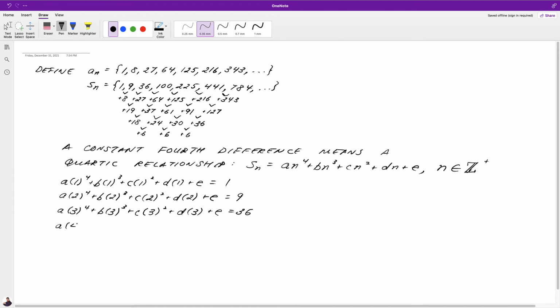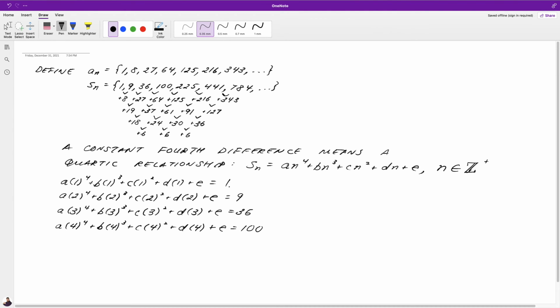Now we're going to have a 4 to the fourth plus b 4 to the 3 plus c 4 to the 2 plus d times 4 plus e will be equal to 100, since 100 is the fourth partial sum. And we're going to need one more equation.